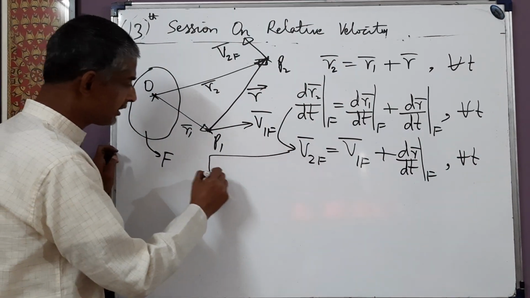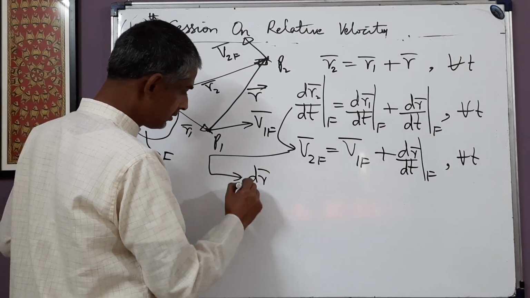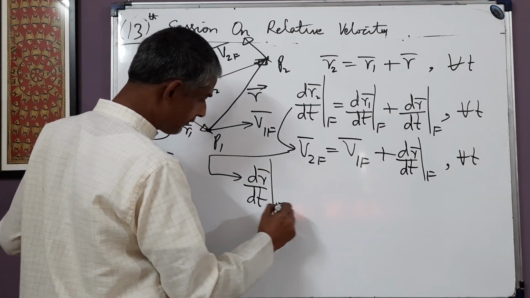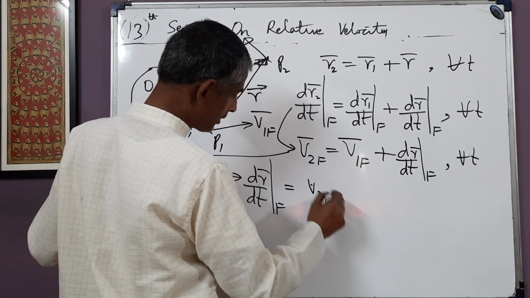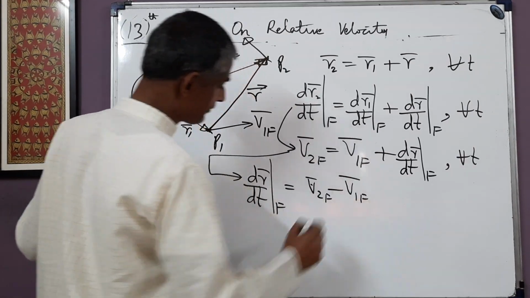So from this equation we can see that dR by dt in frame F is nothing but V2F minus V1F.